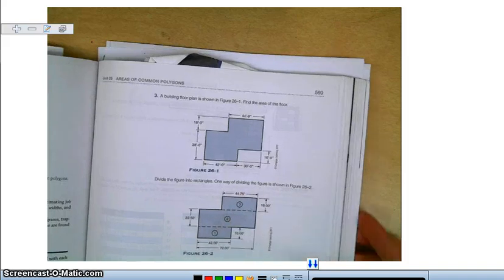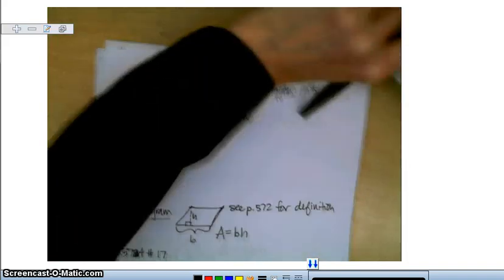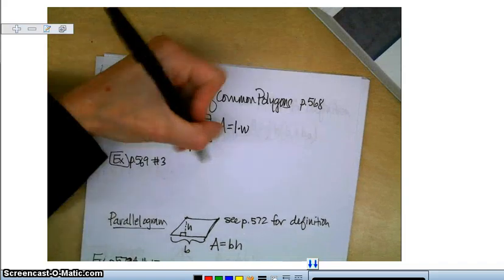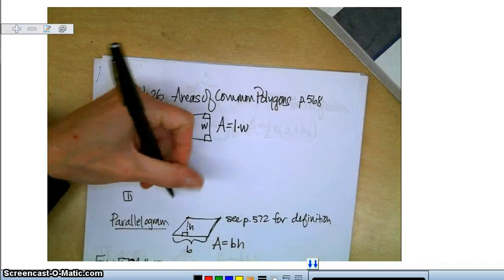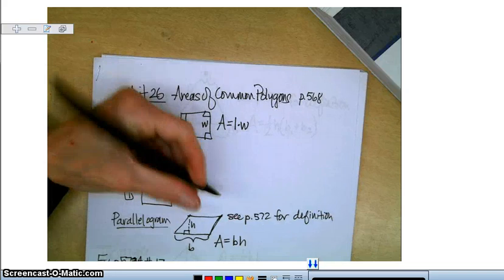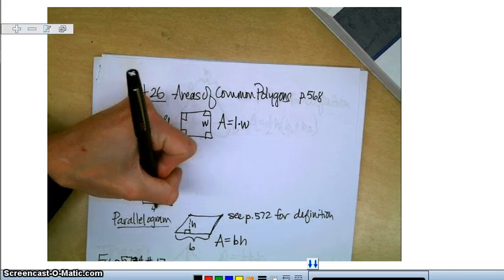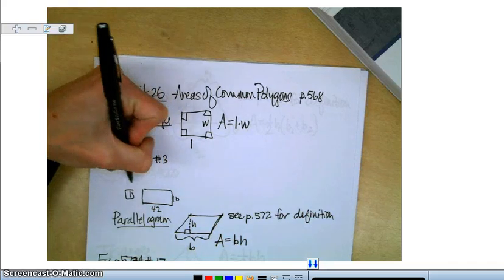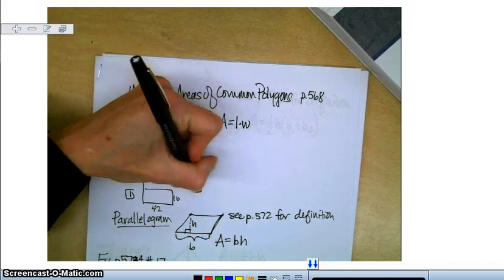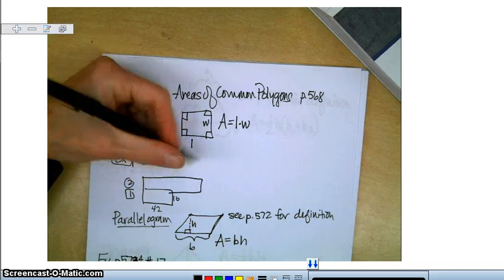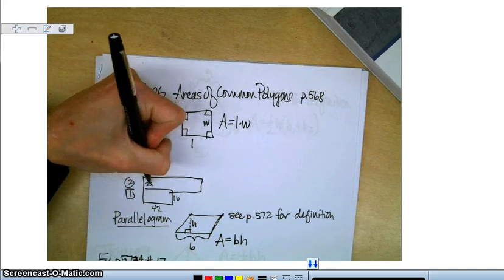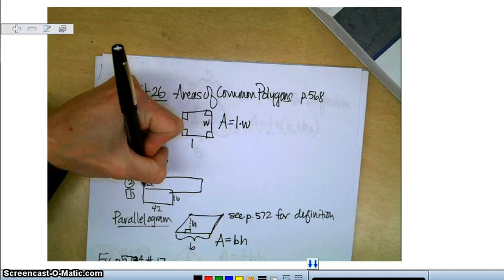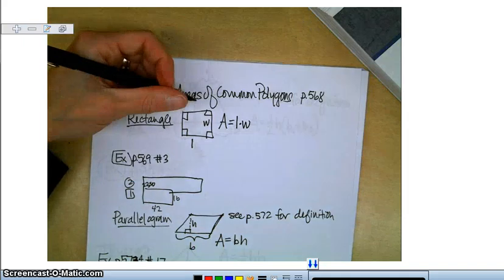So basically we have three rectangles. The first rectangle, number 1, we can tell by the picture is 42 by 16, and rectangle number 2, the second one, is going to be 22.5, and these are all feet.